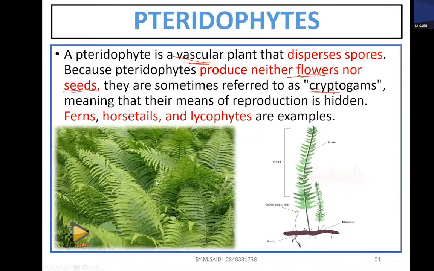We will find these in the forest if we go together to discover more about life science. So this is an example, this is the structure of a fern. This is how a fern looks, with the rhizome, not a rhizoid.